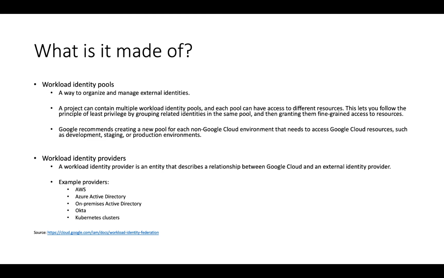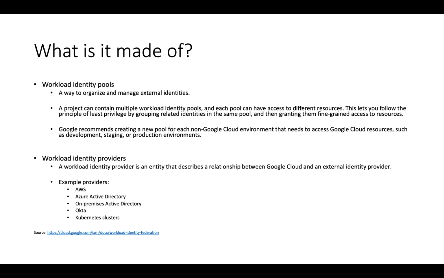So what is it made of? Workflow Identity Pools are one of the components of Workflow Identity Federation. Think of it as a way to organize and manage your external identities. If you are in AWS, then your IAM roles and IAM users, you can manage and organize them in the Workload Identity Pool.